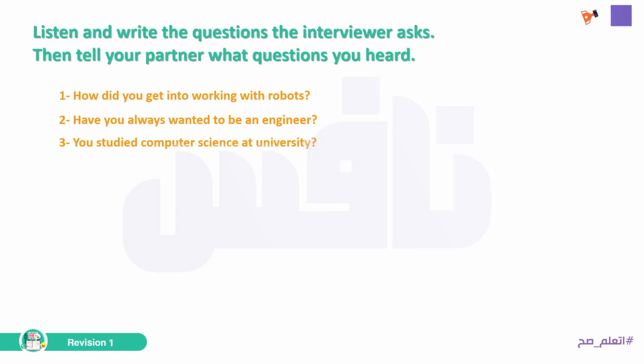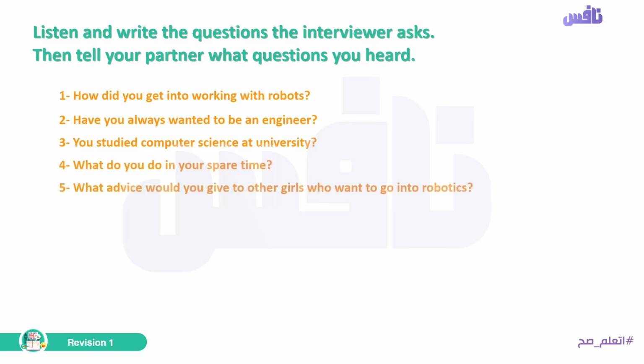This isn't the traditional structure of a question, but he gave it the intonation of a question, so it became a question. Number 4: what do you do in your spare time? Number 5: what advice would you give to other girls who want to go into robotics?